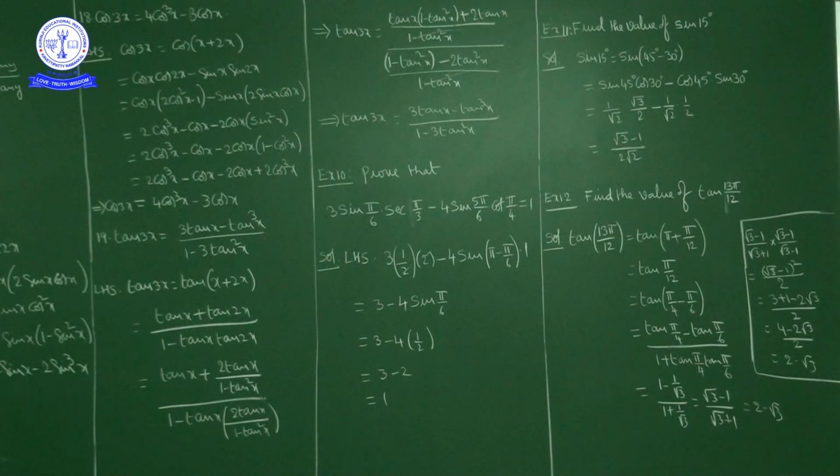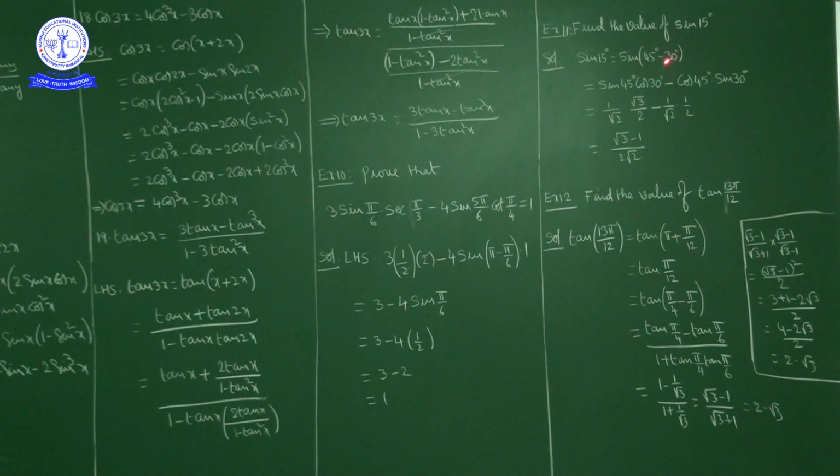Difference of some known angles, because sine 45 degrees value we know, sine 30 degrees value you know. The sine x minus y formula is what? Sine x minus y formula is sine x cos y minus cos x sin y. Now I'll write sine 15 degrees as sine 45 degrees minus 30 degrees.